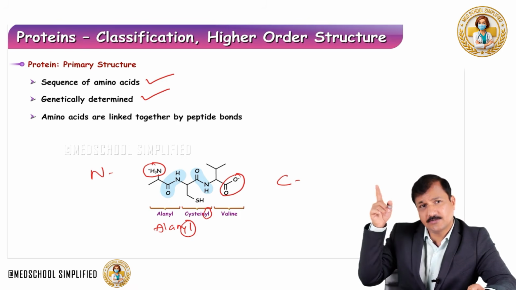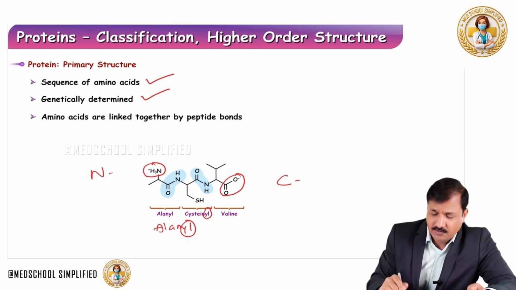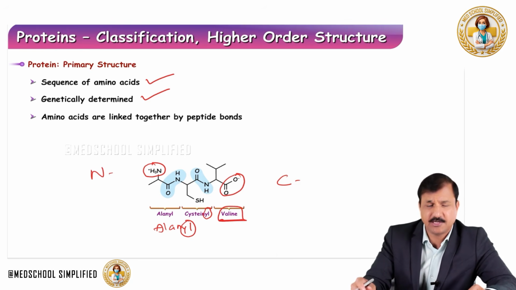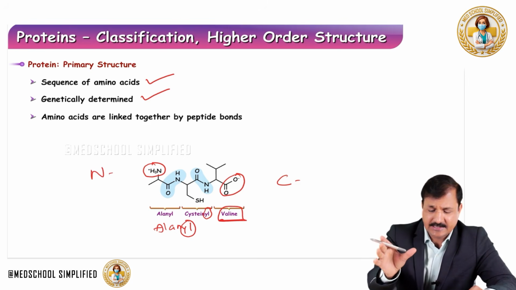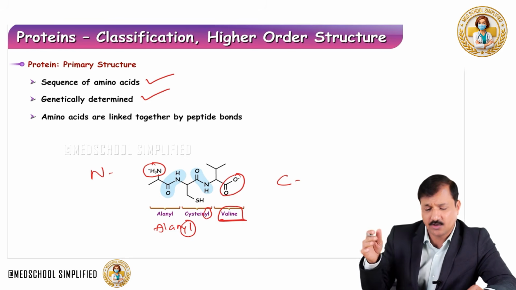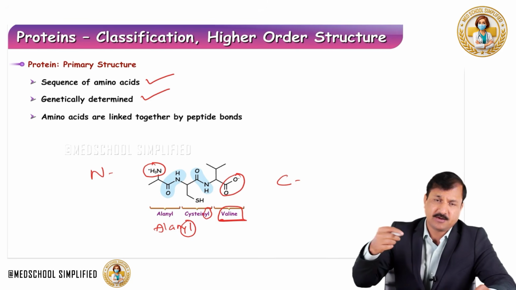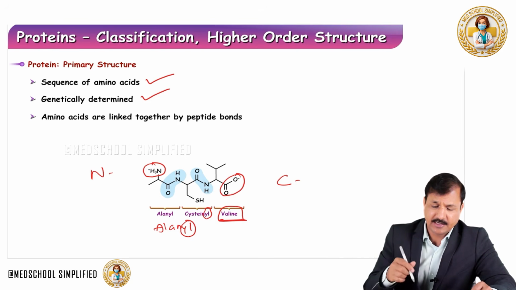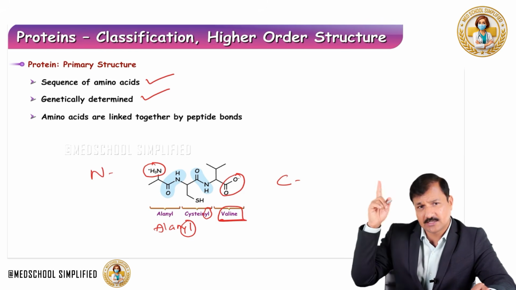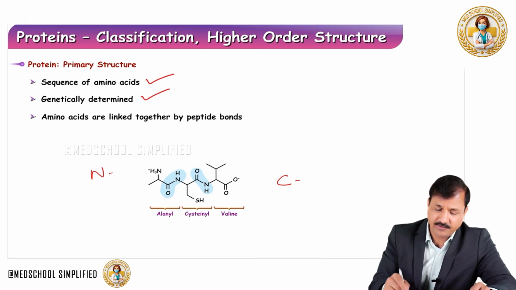And the last amino acid, which is not attached further to any other amino acid, we just write as valine. We don't add YL to the last amino acid. That's how we write a peptide, adding YL for each amino acid except the last one, as you can see here in the figure.